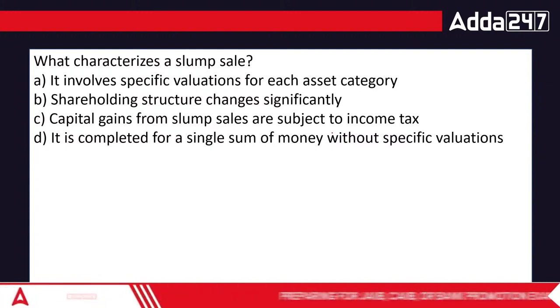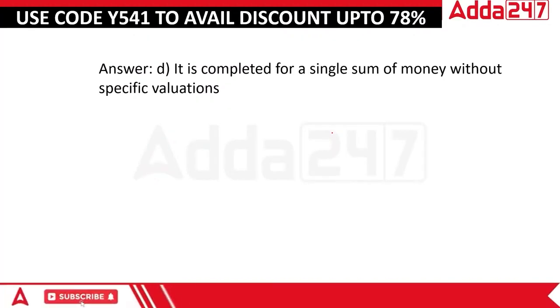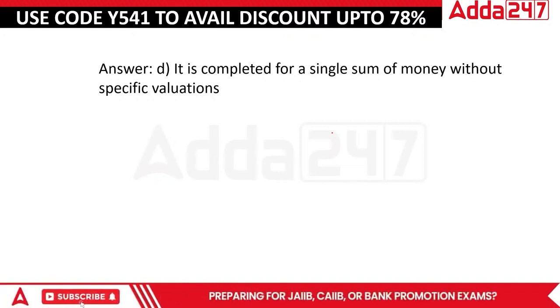The correct answer to this question is we actually buy the entire organization's assets and we value them together. It is completed for a single sum of money. That is called a slump sale.